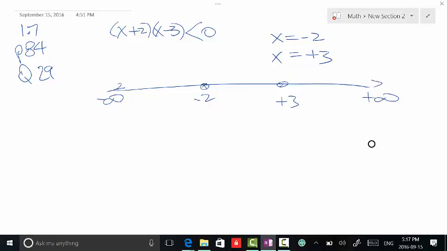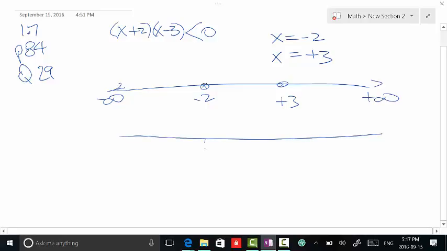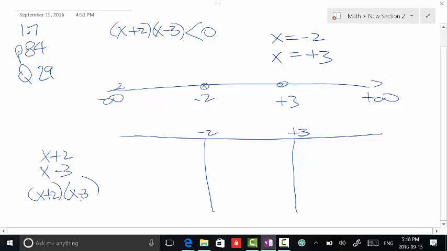So here's how it's going to work. I'm going to make up a chart. And on this chart, I'm going to have some values: -2 and +3. Now, in my inequality, I have some expressions like x + 2, x - 3, and then x + 2 times x - 3.